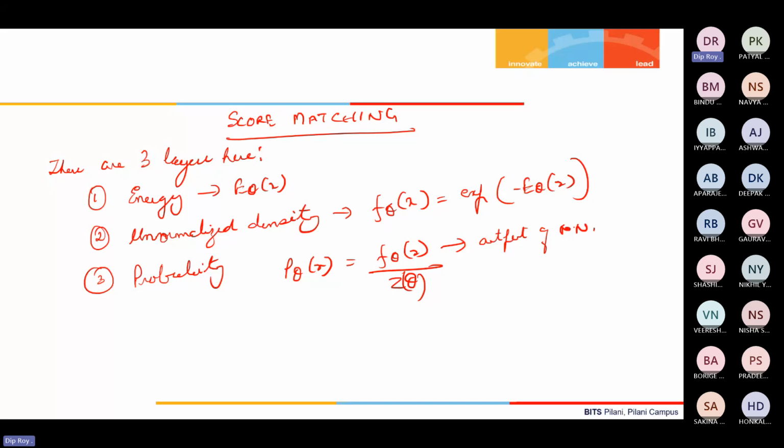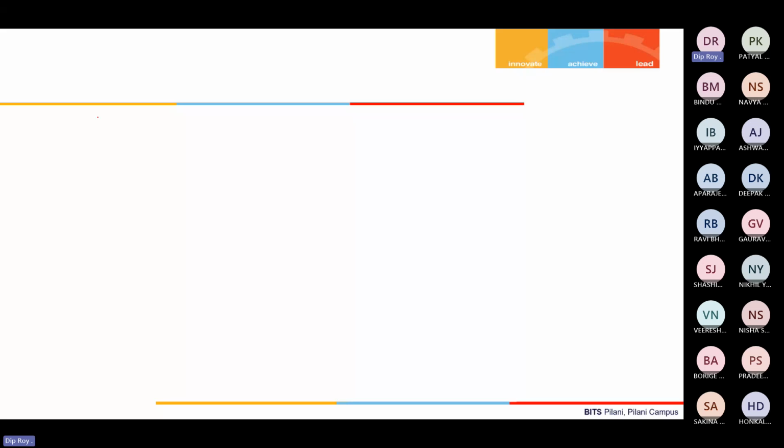Now, what can we do here? The primary form here is this. We can take the log of both sides.